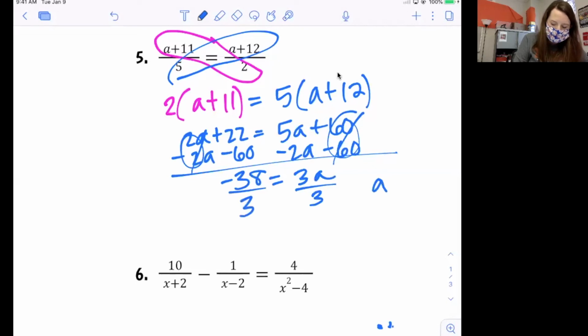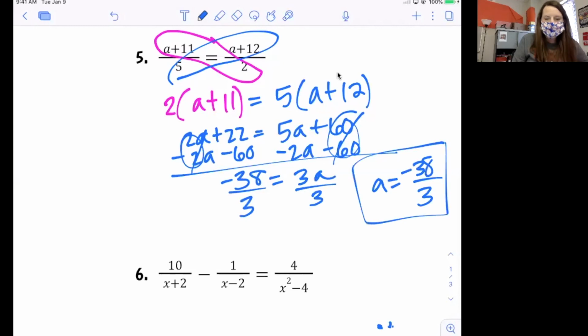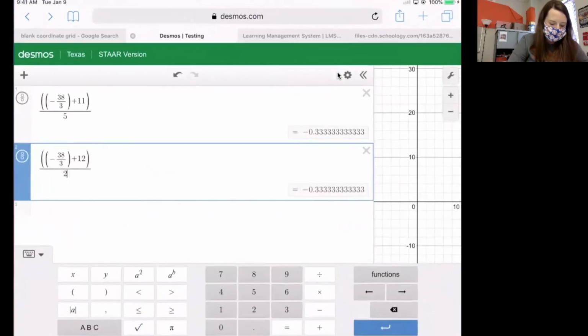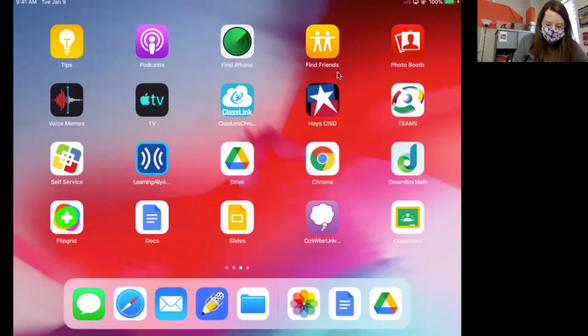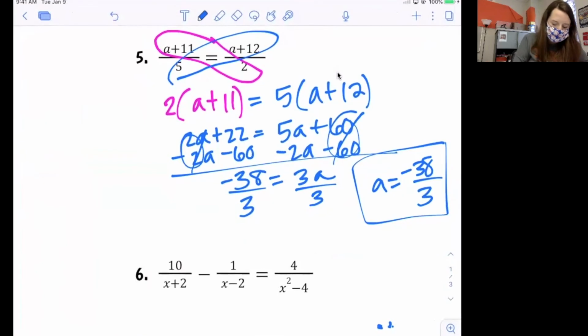We find out that a equals negative 38 over 3. So I've already typed that into Desmos, and you can see that the left side and the right side are equivalent at negative 12.66666. So negative 38 thirds is a solution.